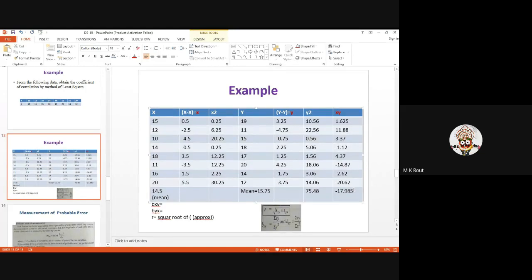Just a minute, I will check that one. 1.62 plus 11.88 plus 3.37 plus 4.37 equals 21.21, minus 1.12. Sir, it will be minus in that case. Sir, the answer is correct. 17.985, yes. So your 10 marks are gone.